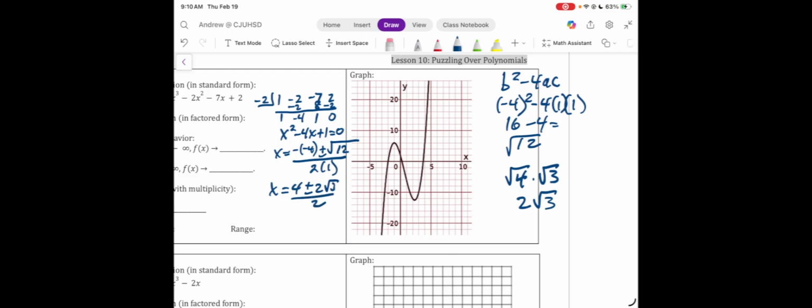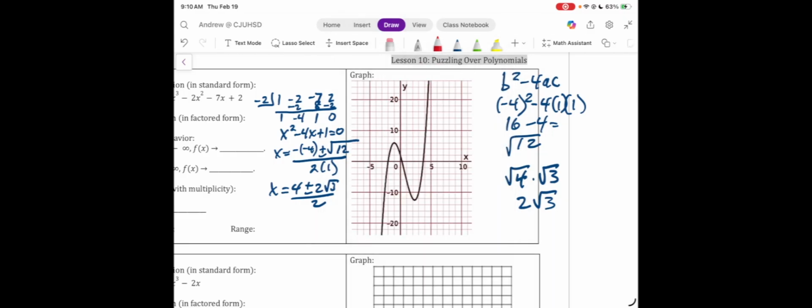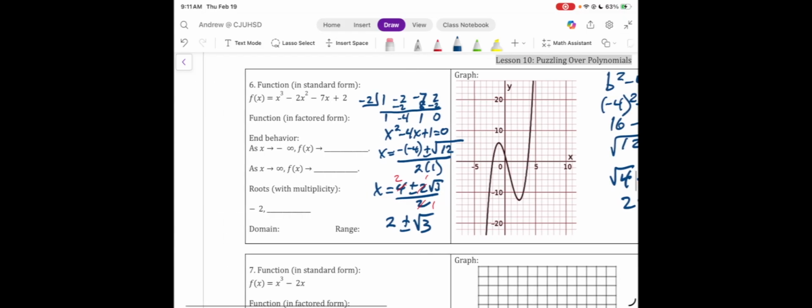Now all three of those can be reduced because 2 goes into 4 twice, 2 goes into 2 once, 2 goes into 2 once. So our solutions are 2 plus or minus root 3. And those are the roots here, 2 plus or minus root 3.